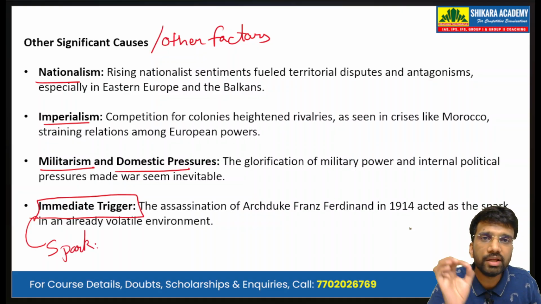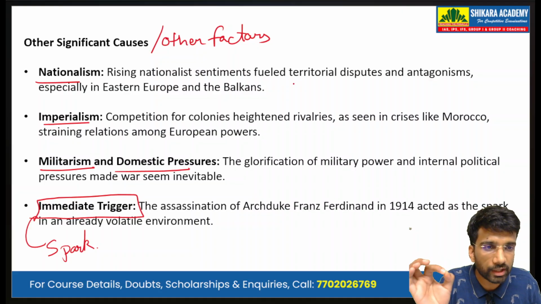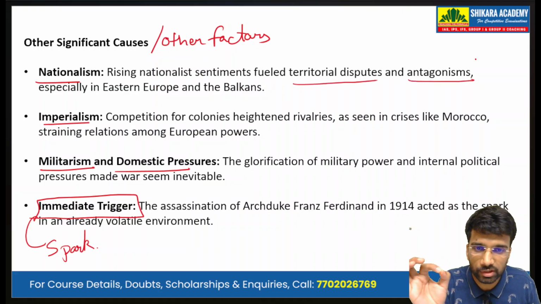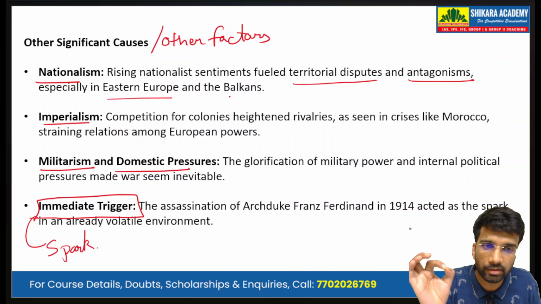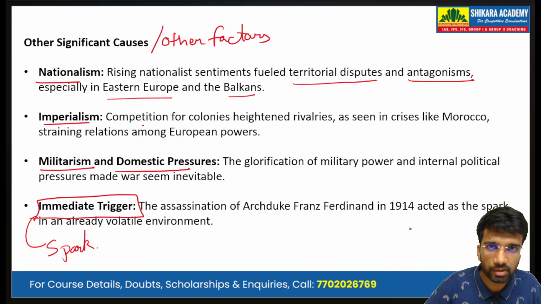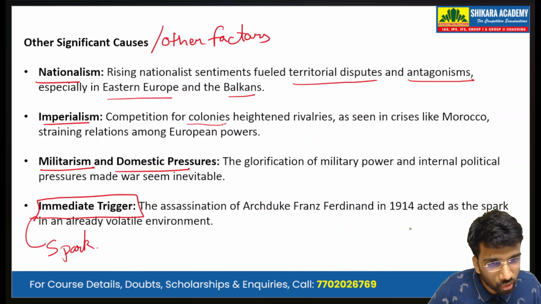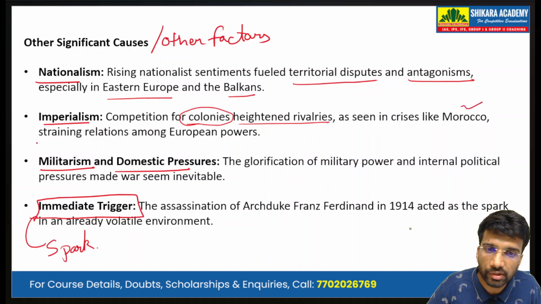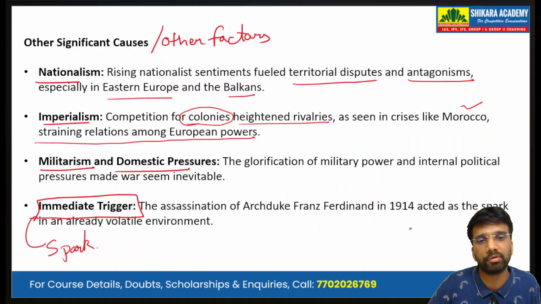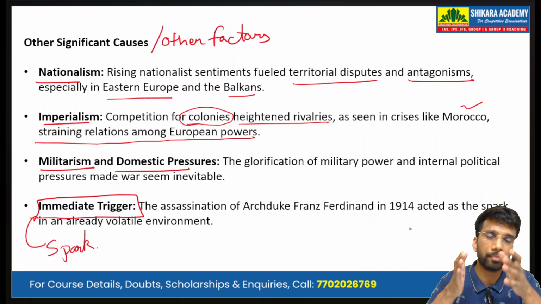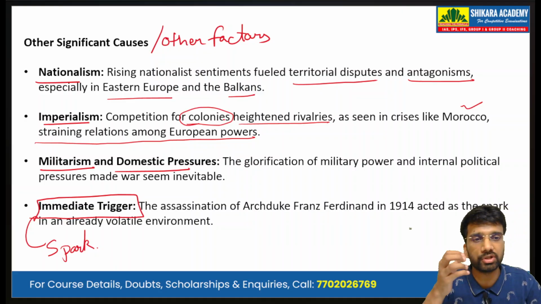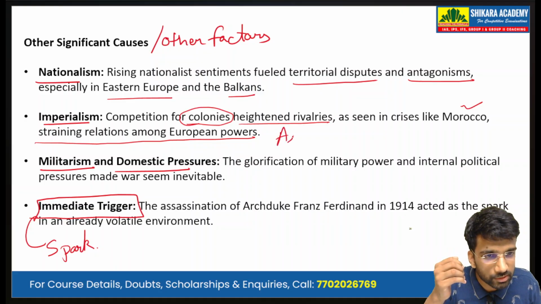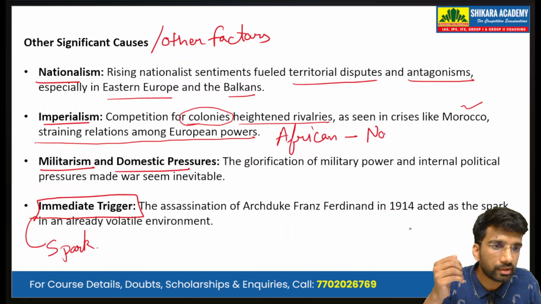The rising nationalist sentiments fueled territorial disputes and antagonisms, especially in Eastern Europe and the Balkans. Imperialism: competition for colonies heightened rivalries, as seen in crises like Morocco, which strained relations among European powers. So, mainly the imperial or colonial competition in the African continent, that too in northern Africa.